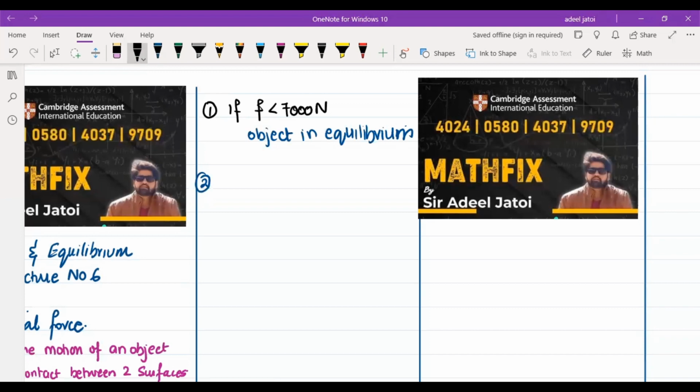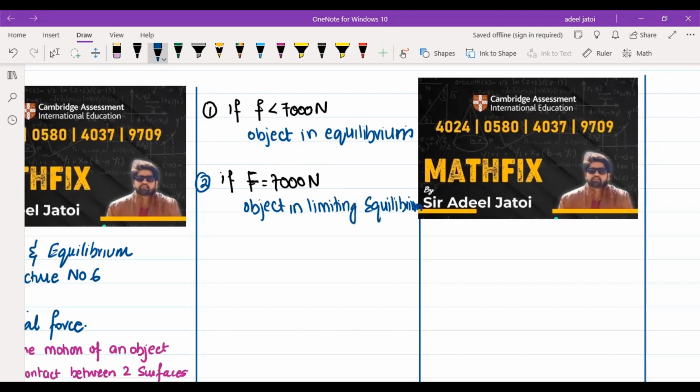Second, if the force is equal to 7,000 Newton, it will also be in equilibrium, but it is known as limiting equilibrium, meaning it is about to move.